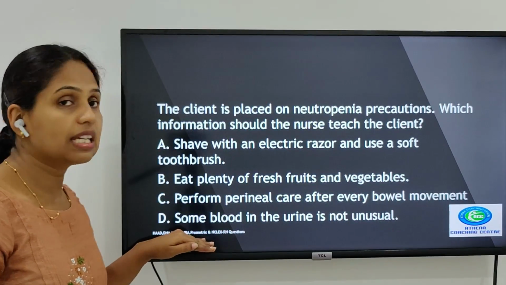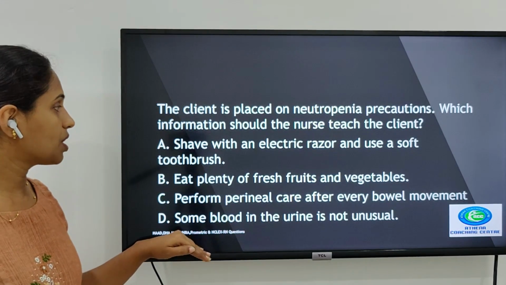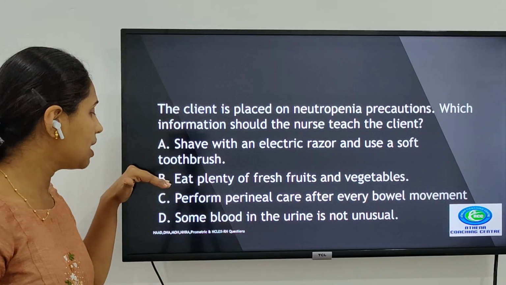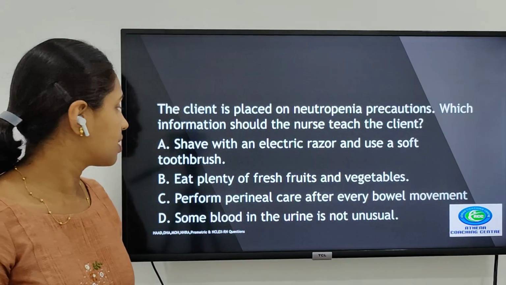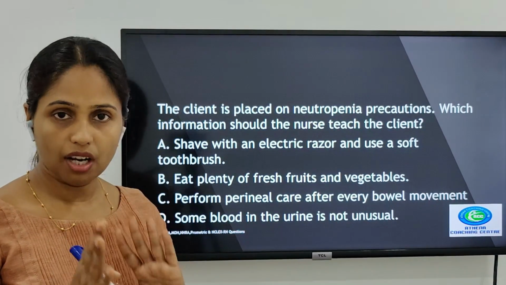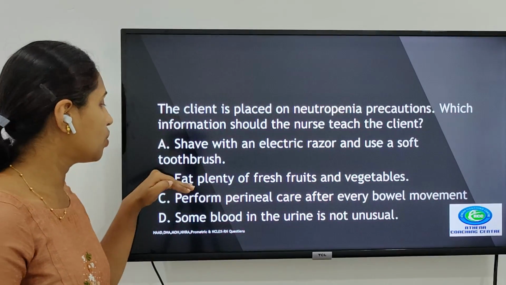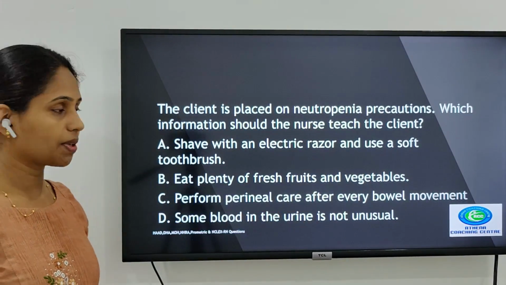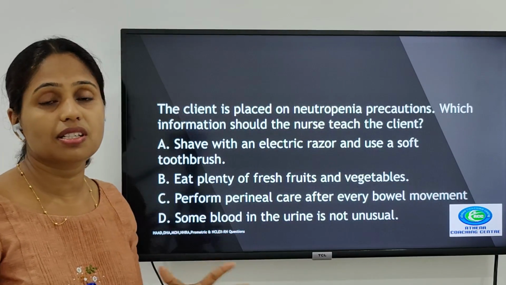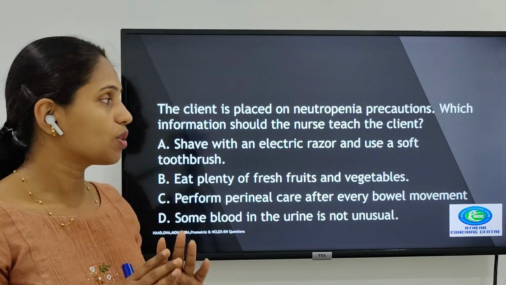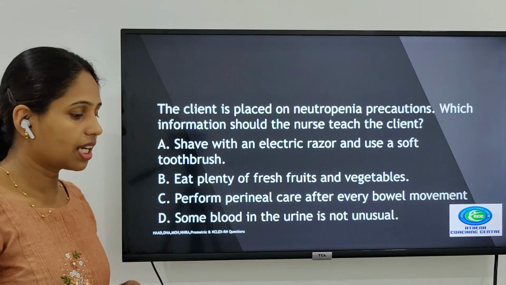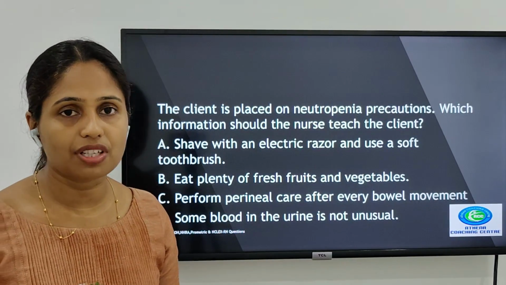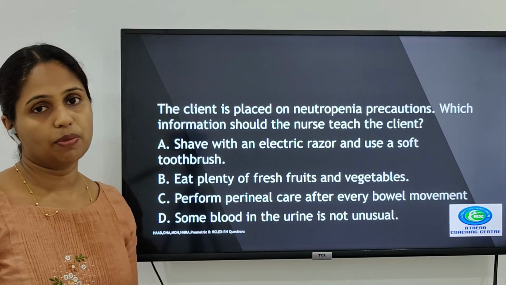So D and A are related to bleeding precautions, and B and C are considered neutropenic precautions, but you have to avoid eating plenty of fruits and vegetables, so the second statement is wrong. The correct answer for this question is option C, perform perineal care after every bowel movement.